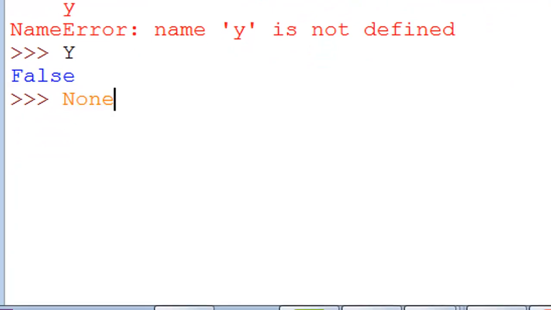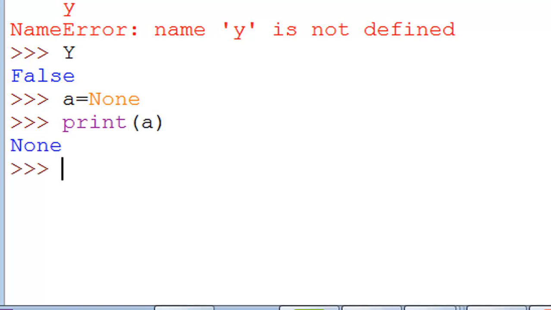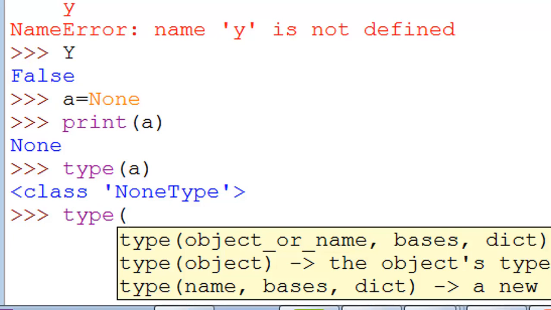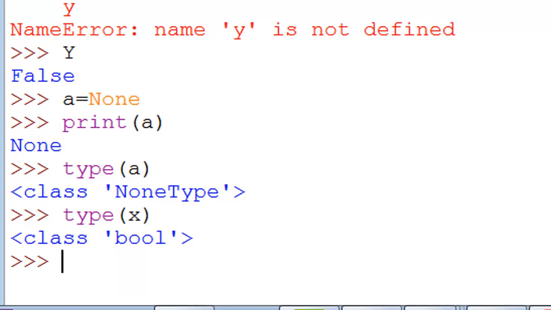Okay, None, we can store it, a is equal to None, and we can try to print this a, this will be None. If I try to check the type, you can see its type is NoneType, and if I try to check the type of our x, you can see it's of type bool, right?